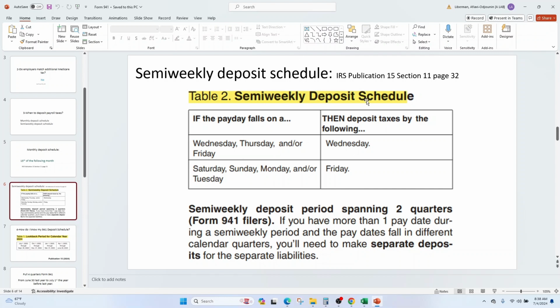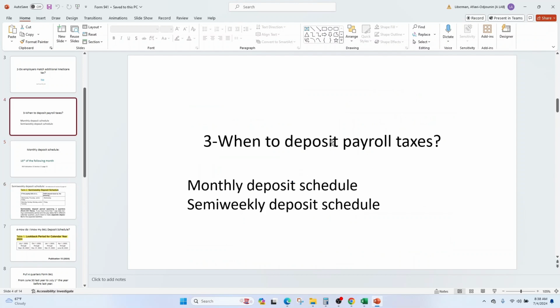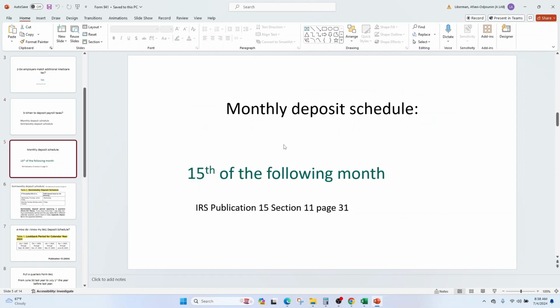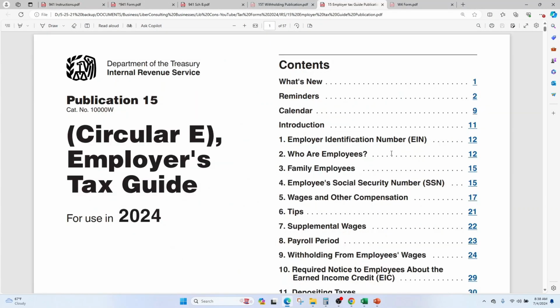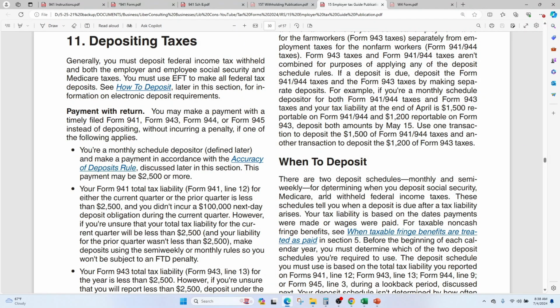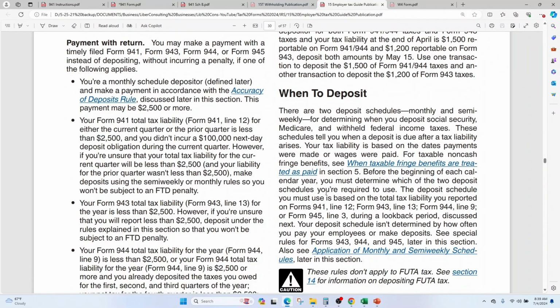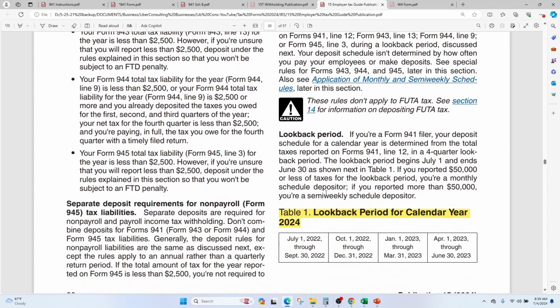So we are going to go to Publication 15, Section 11, Depositing Tax, and we'll go to page 31.